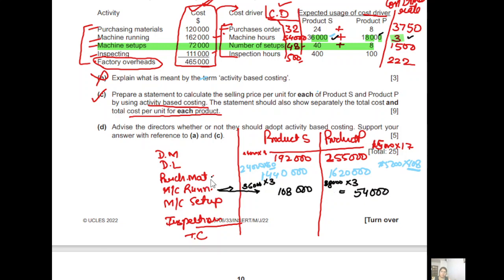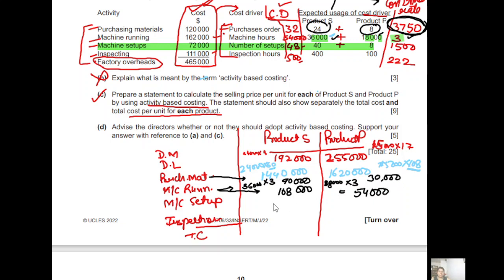For purchase material again we have to do the same. Purchase order total, then multiply this: 24 multiply 3750, we will get 90,000, and then 8 multiply by 3750, then we will get 30,000.